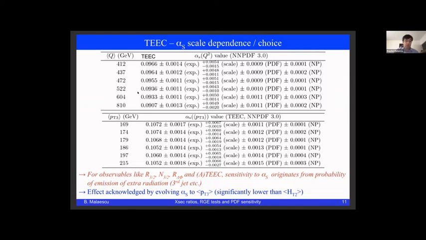So of course, as one goes towards the lower PT, the alpha S value obtained is larger here, but what's more important to notice is that this average PT3 is significantly lower than the average HT2, by definition in some sense, but also from the topology of the events that are being selected here. So this doesn't fix the issue, but at least brings up the fact that this may be a scale that has more to do with the scale where we have tested the renormalization group equation.